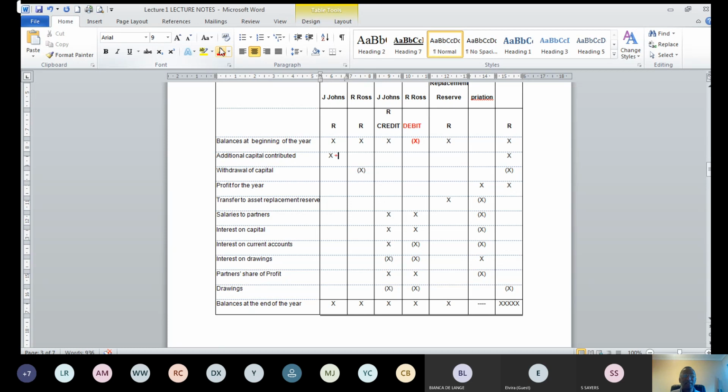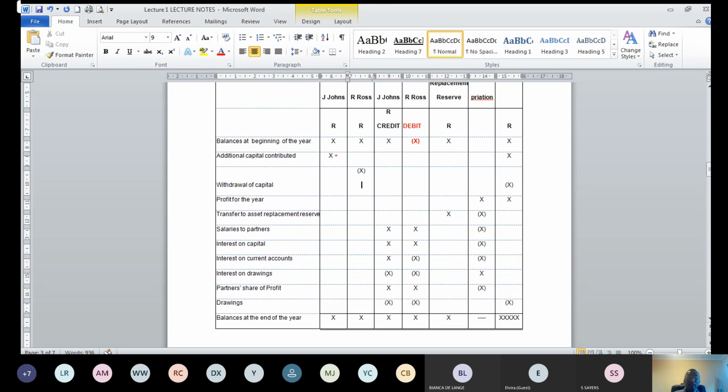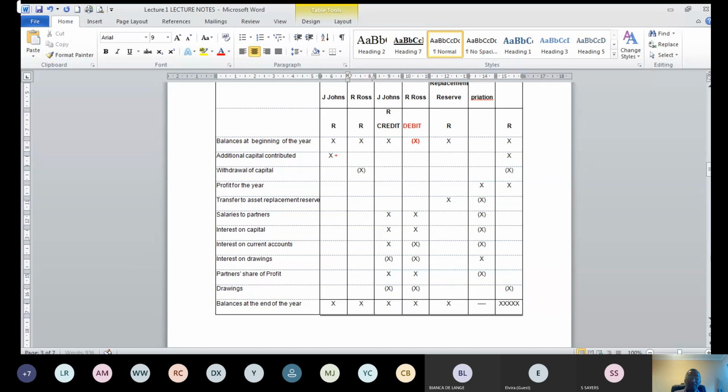Your capital has increased. If one of the partners has withdrawn his capital during the course of the year, it is indicated in brackets, and it is regarded as a negative amount. So the first two lines deal with changes to the capital.